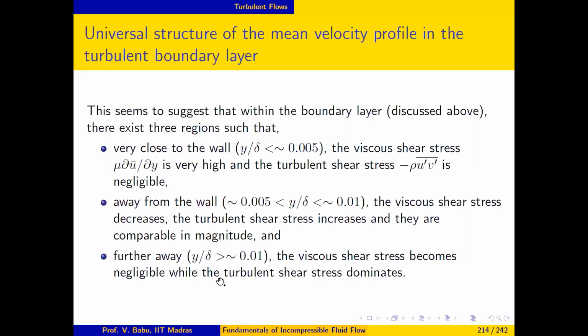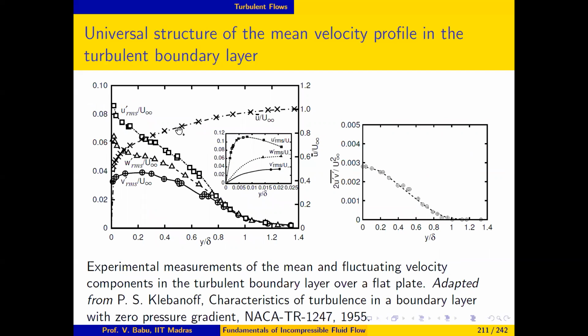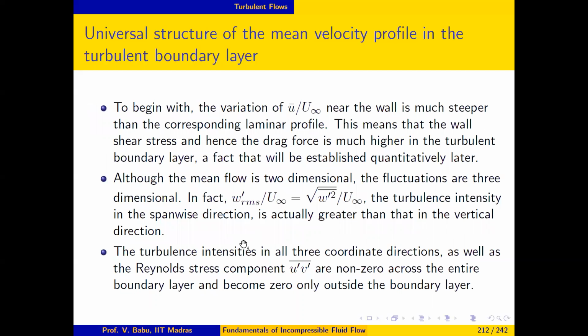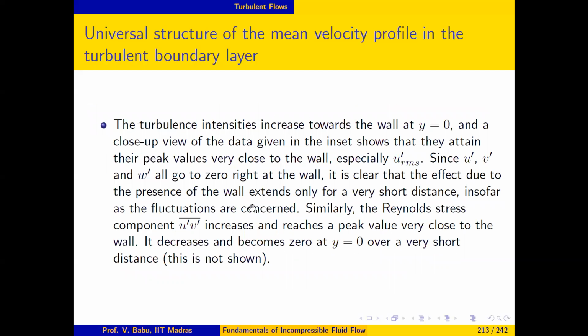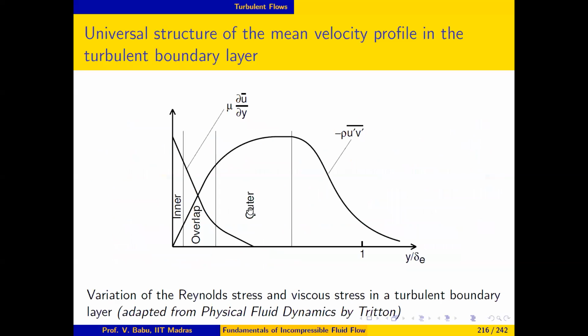In this case, the viscous shear stress becomes smaller, and the turbulent shear stress is much higher than the viscous shear stress, because obviously the gradient du dy has become very small beyond this region, and this one is still high, so this dominates, whereas this goes to zero. So we can illustrate this, for instance, pictorially like this.